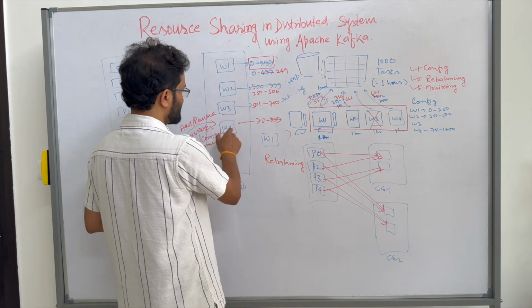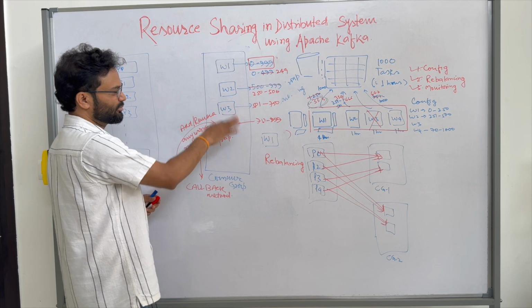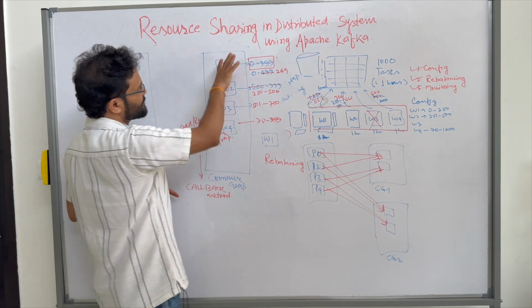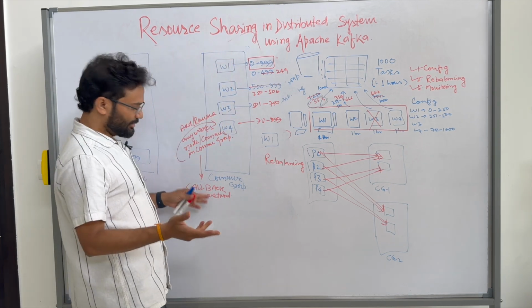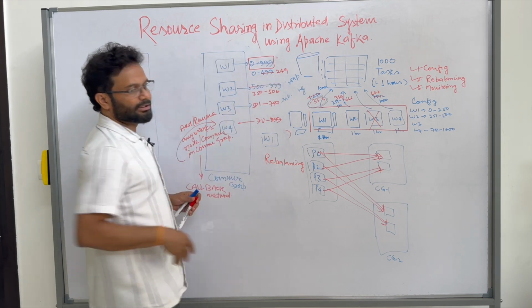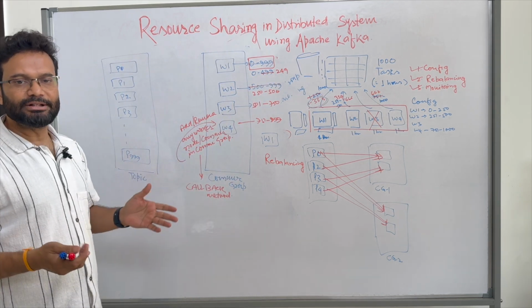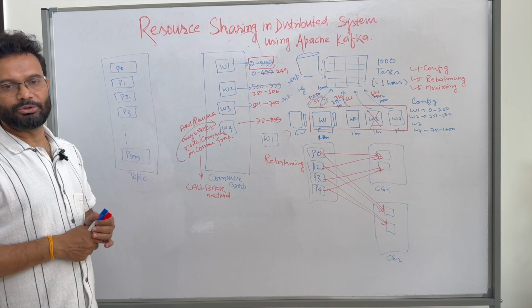So if suppose these two systems, W3 and W4, go down, immediately these two will be notified through this callback method, and they will get the new index, the new range, from here to there.